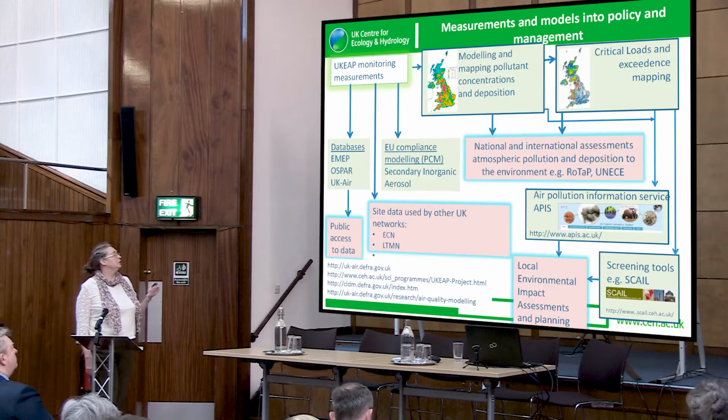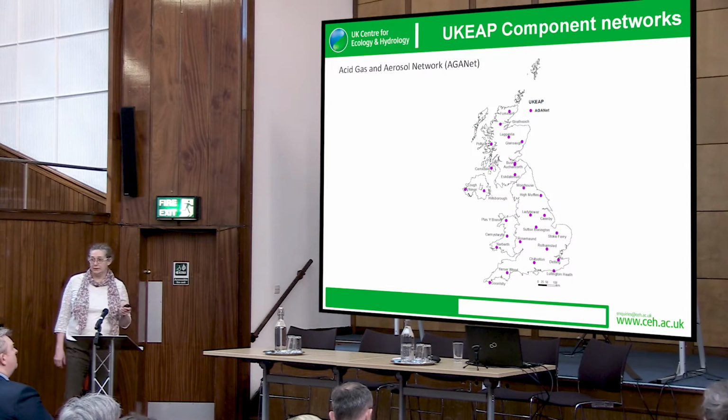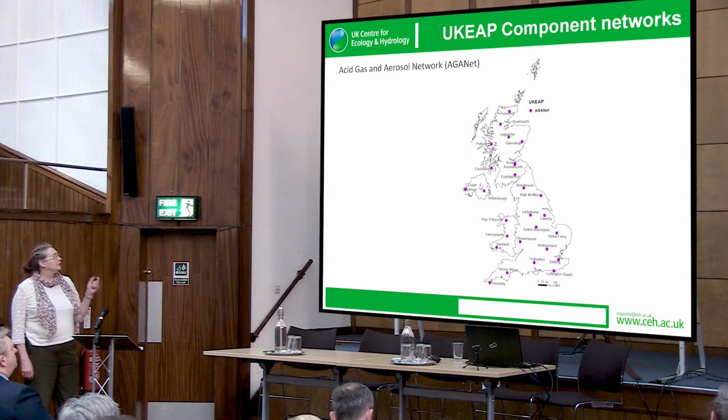But that data is used across all spheres of policy, going through the Air Pollution Information Service, which is used by local authorities and consultants, screening tools for planning, going into local environment impact assessments and planning, which is how we need data to be used in general. We need it to be not just a data point for someone to look at and go, oh, that's a concentration. Just going to talk a little bit about some of the data now, though.